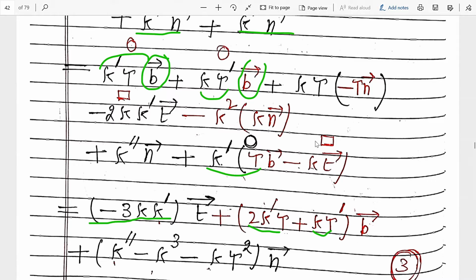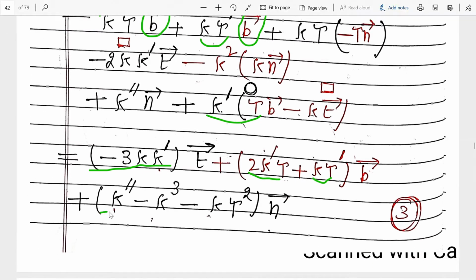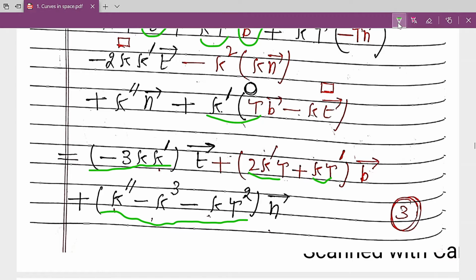Now the n vector contains 3 terms: one is this term, second is this term, and third is this term. So this will become kappa double dash minus kappa cube minus kappa tau square, into this value. So we get this equation number 3.